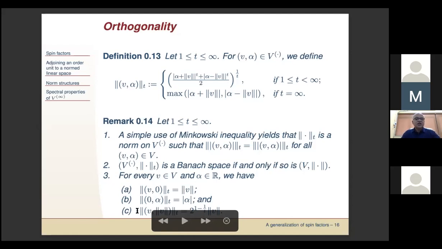And the third one is not that important, but sometimes is helpful, that norm of V comma norm V in the T sense is 2 raised power 1 minus T multiplied with norm V. So in case of infinity, we get twice the norm, and in case of T equal to 1, we get simply the isometry.